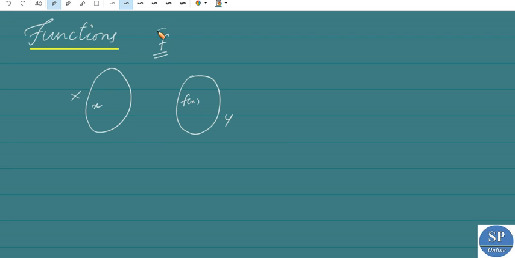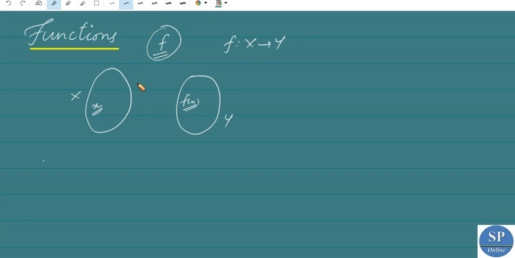Now, a function f is a rule which associates to each point x in capital X a unique point f of x in capital Y. Symbolically we can write this as f from capital X to Y, where X and Y are non-empty sets.